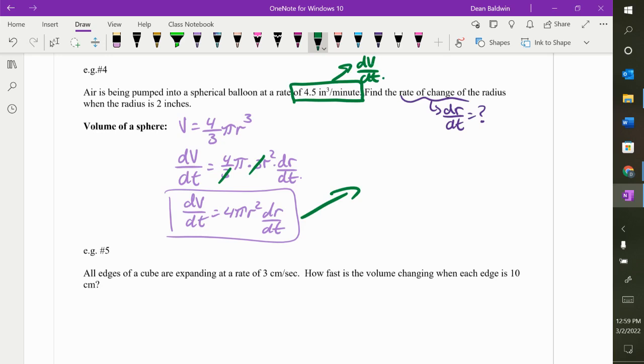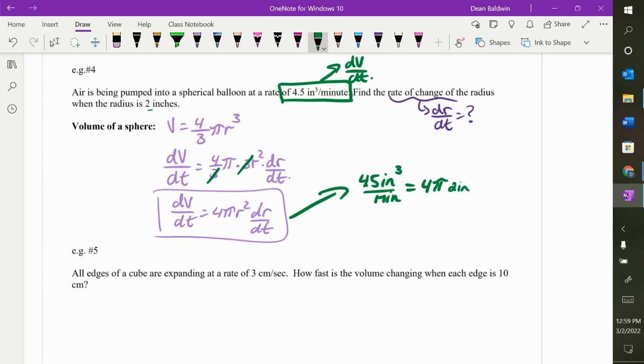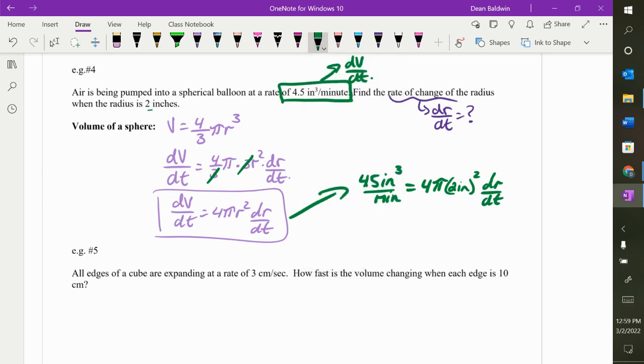And they tell us the radius is 2, so I'm just going to plug everything into the formula. 4.5 cubic inches per minute is equal to 4 pi, our 2 inches squared, dr dt. All right, I'll let you solve that now.